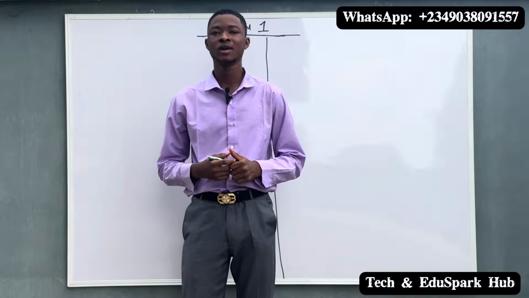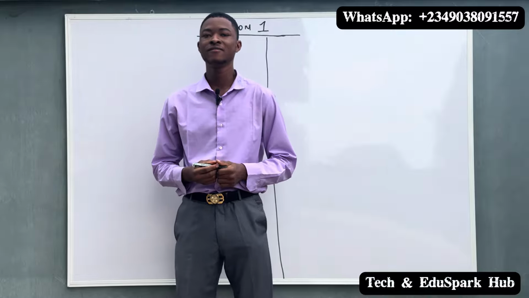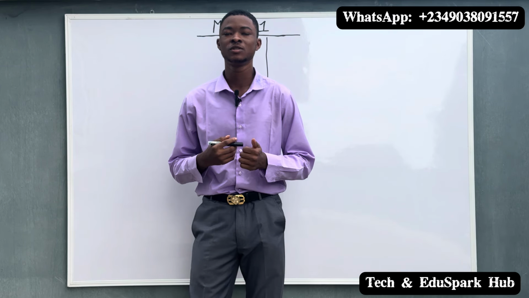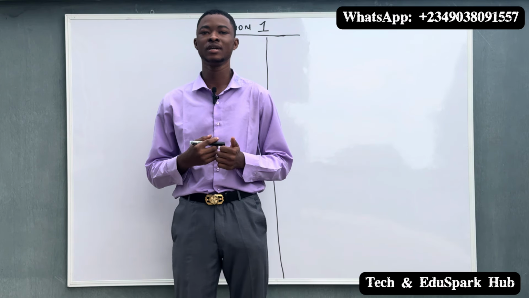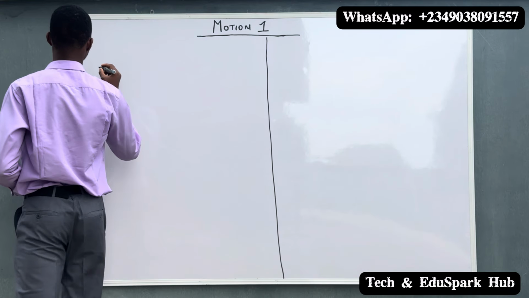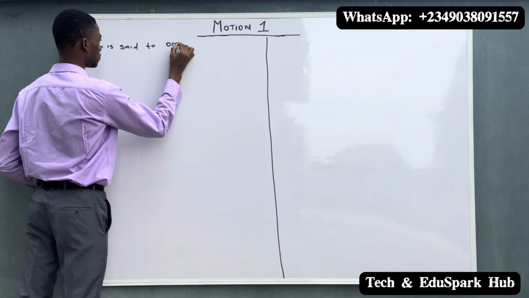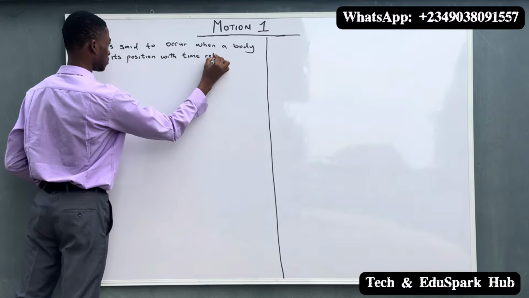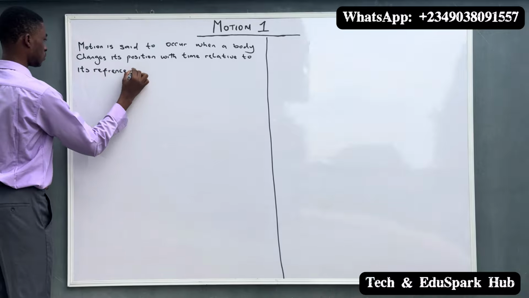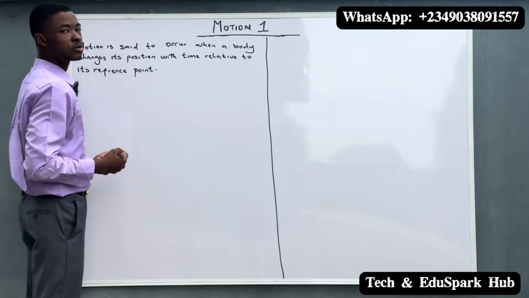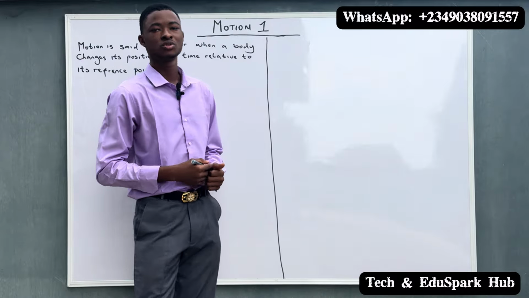Firstly, what do we understand by motion? By definition, motion is said to occur when a body changes its position with time relative to a reference point. So let's write the definition of motion.